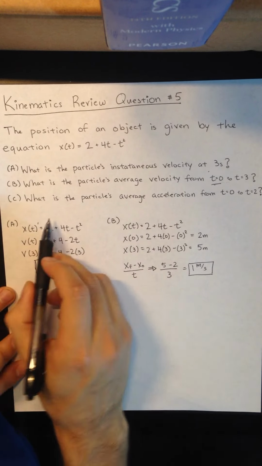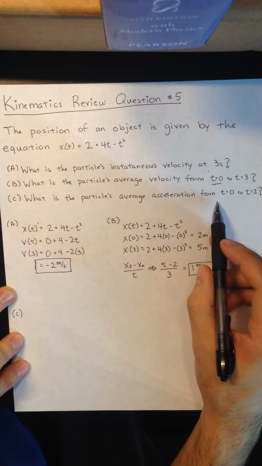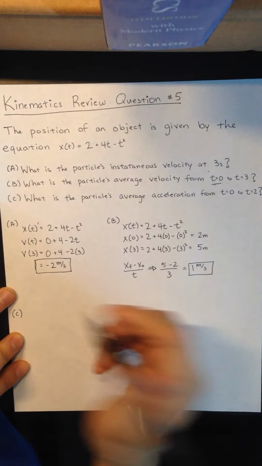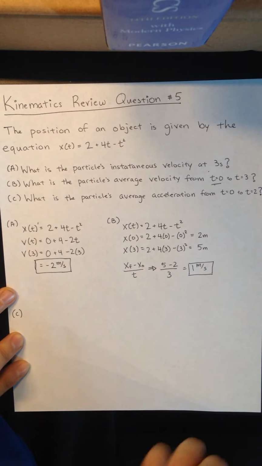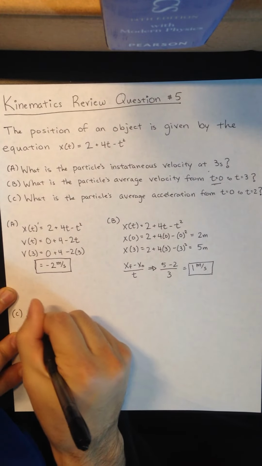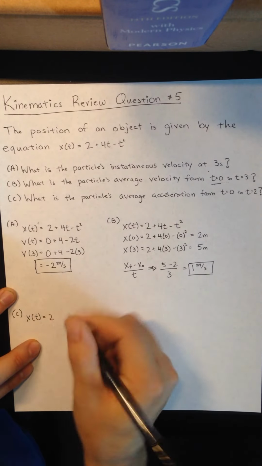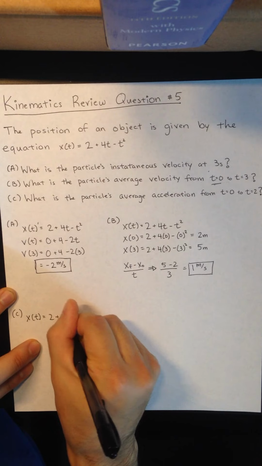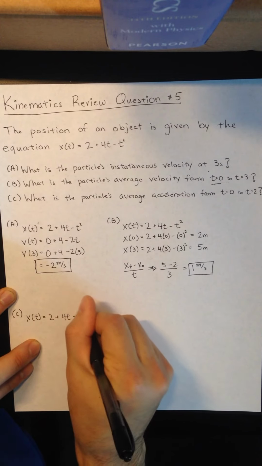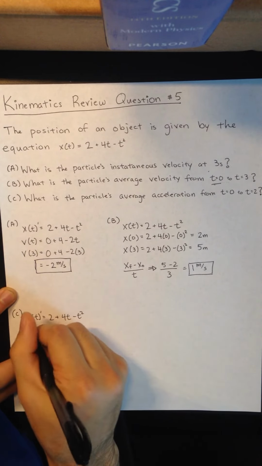Okay, so what is the particle's average acceleration from t equals 0 to t equals 2 seconds? There are 2 main ways to do this one. We have x of t, position as a function of time, is 2 plus 4t minus t squared. Let's find the derivative of this.